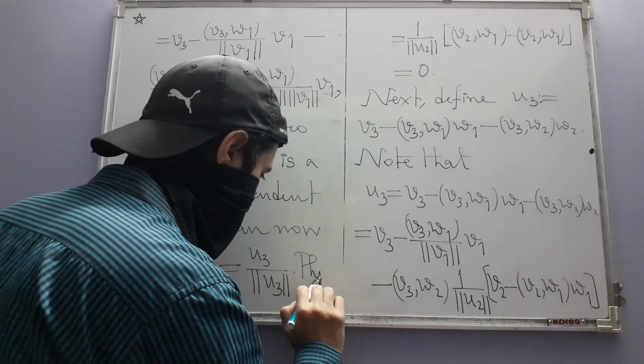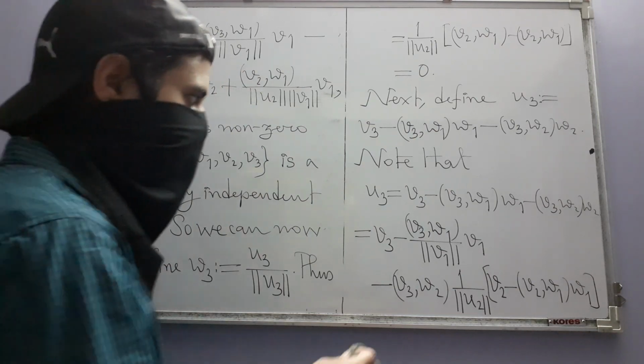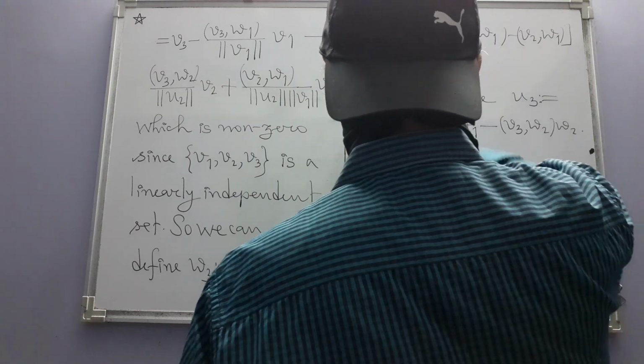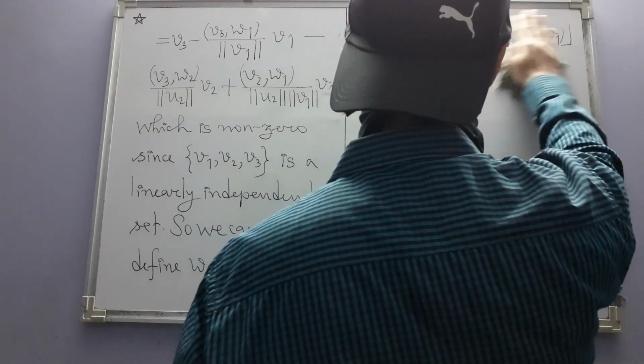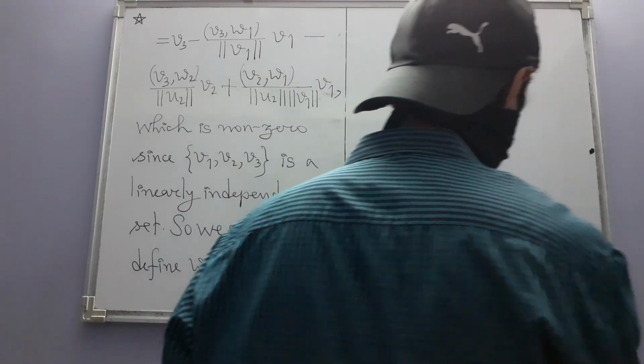Thus, which we can just immediately conclude. But the important fact is that just like w1 and w2 are orthogonal to each other, w3 is also orthogonal to w1 and also w2.